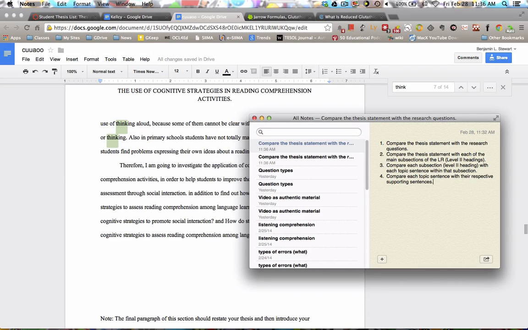Topic sentence is the main idea. And I'm going to look at the supporting sentences. Do the supporting sentences support the main idea in the topic sentence? Good. Then I'll go to the next paragraph. See, so I'm going from the general to the specific. I'm looking at each of these, but I'm looking for the same thing, and that is coherence.